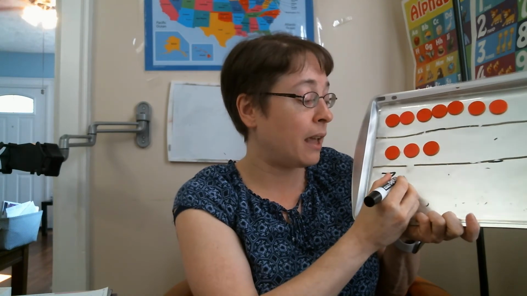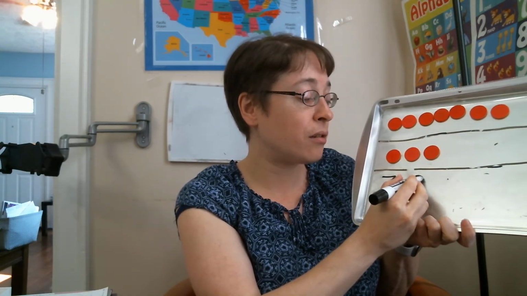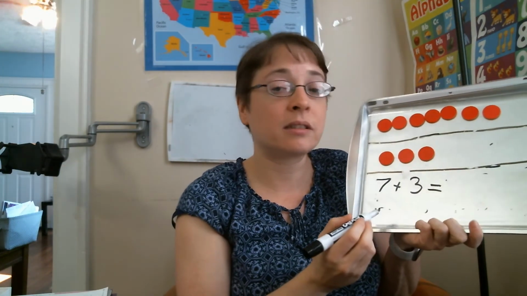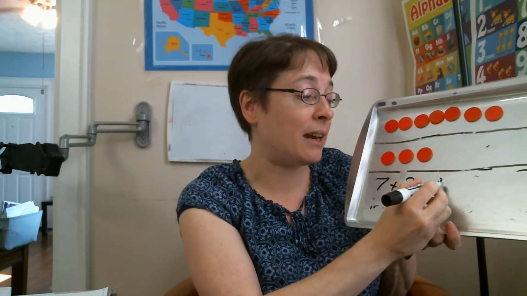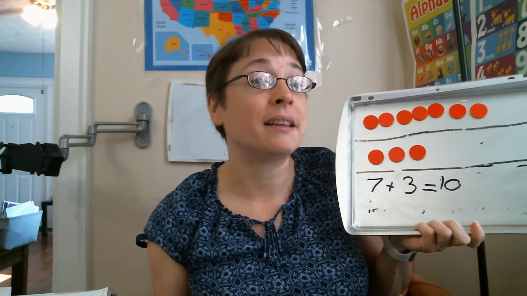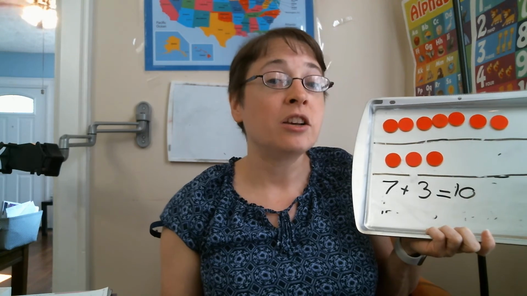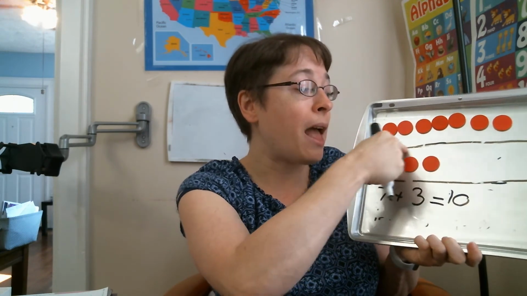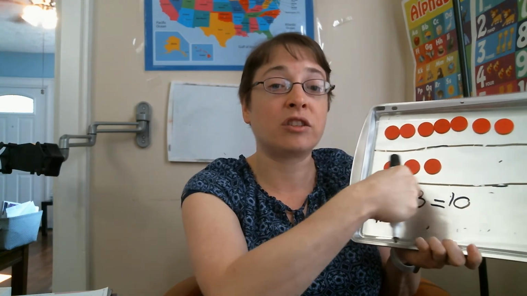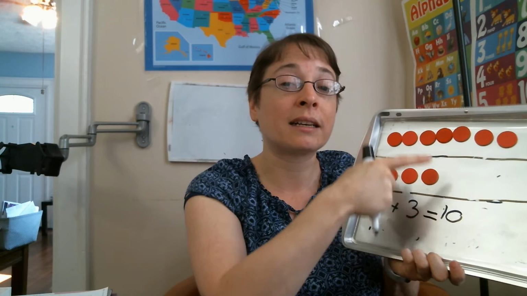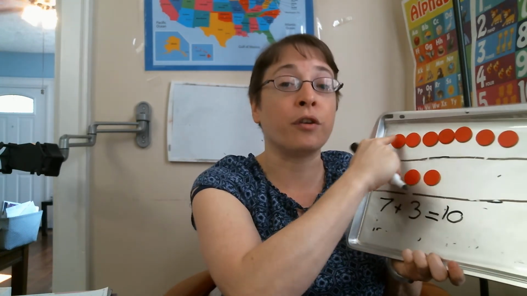So I'm going to make my number sentence. 7 and 3 equals 10. Now I'm going to make a subtraction sentence. If I wanted to know how many were in this group, then I'm going to subtract the other part.